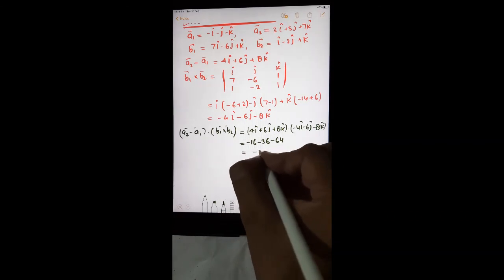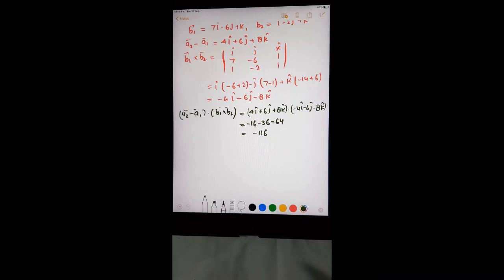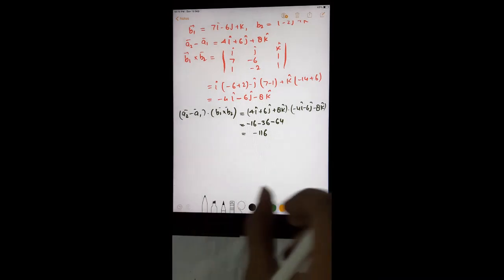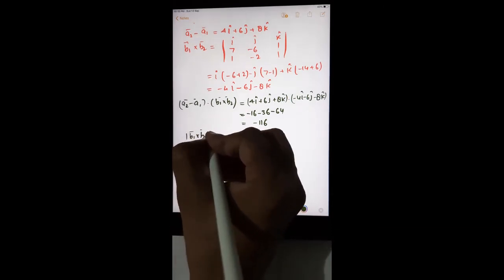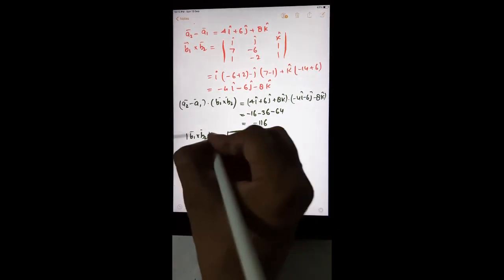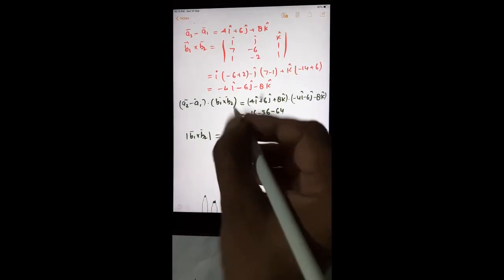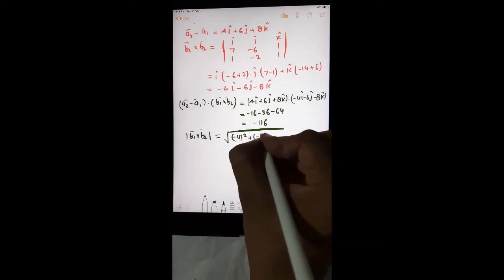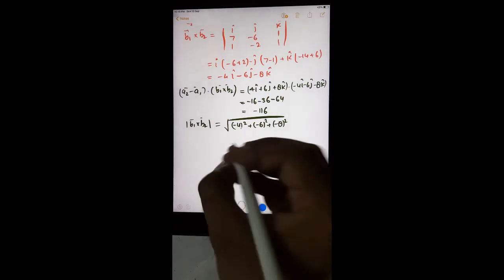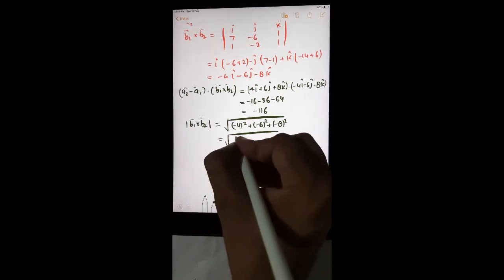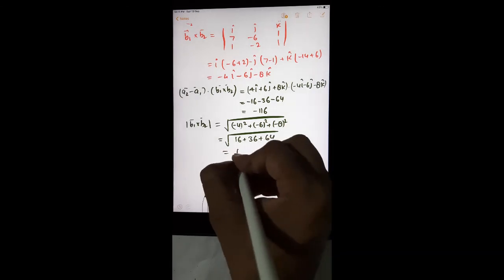So it is minus 116. This is the dot product of A2 minus A1 and B1 cross B2. Now find the magnitude of B1 cross B2. We get the square root of minus 4 square plus minus 6 square plus minus 8 square, which is root of 16 plus 36 plus 64, that is root 116.